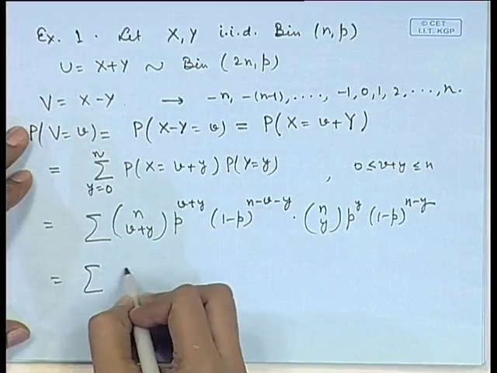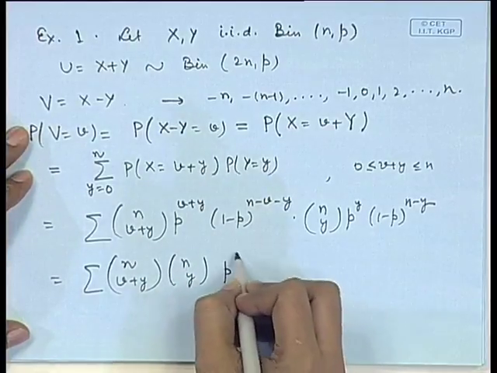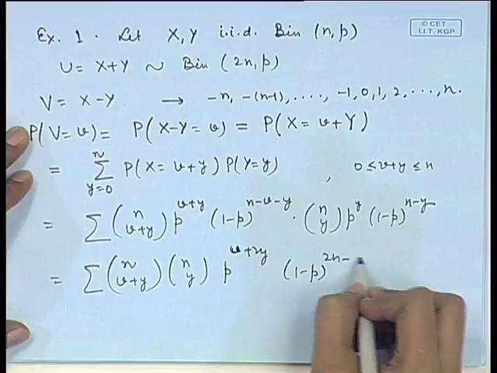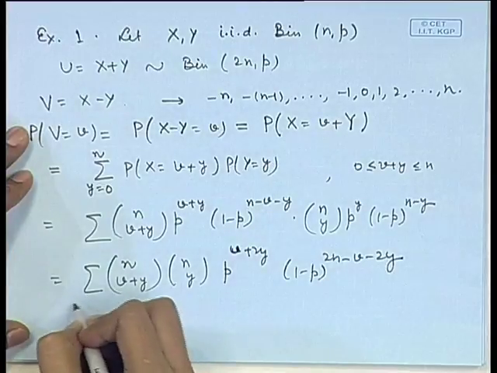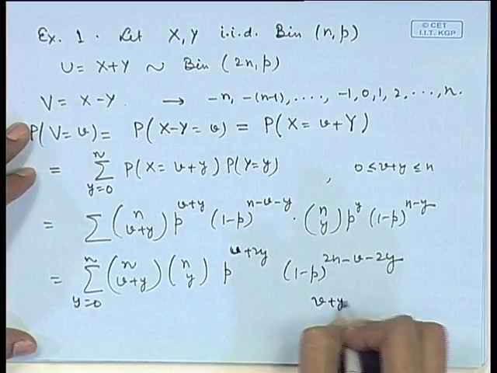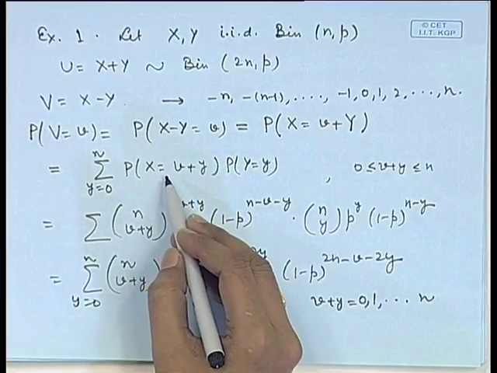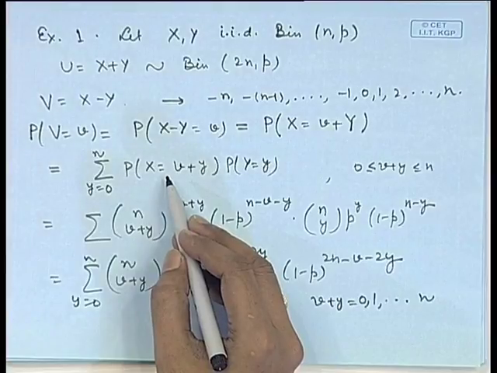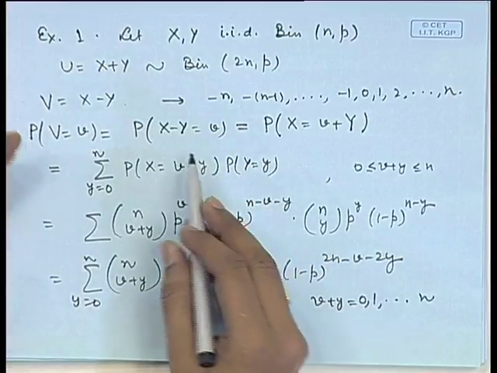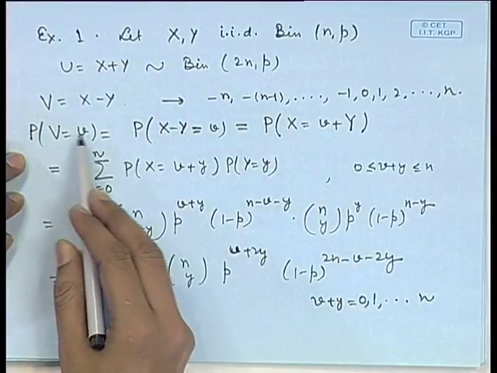So, this is equal to the sum of nC(v+y) nCy p^(v+2y) (1-p)^(2n-v-2y), where y = 0 to n, subject to the condition that v + y is also taking values 0, 1 to n, because v + y denotes the value of the random variable X here. So, this shows that in the case of discrete random variables, directly the probability mass function can be used to determine the distribution of a function.